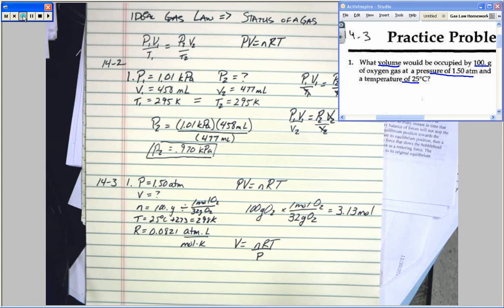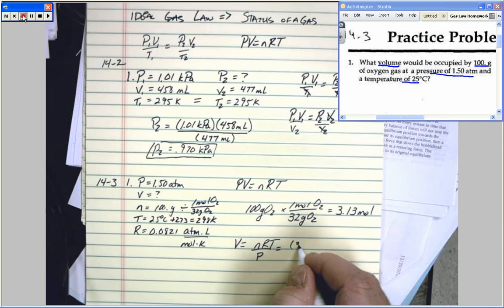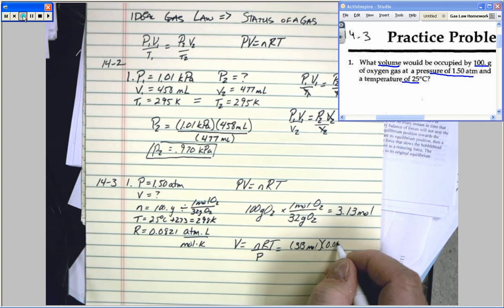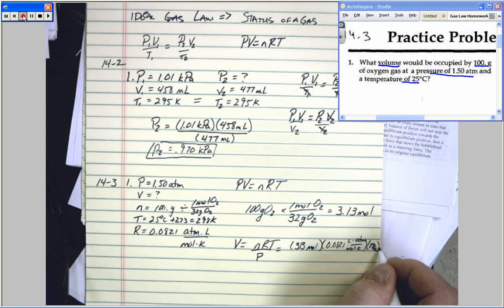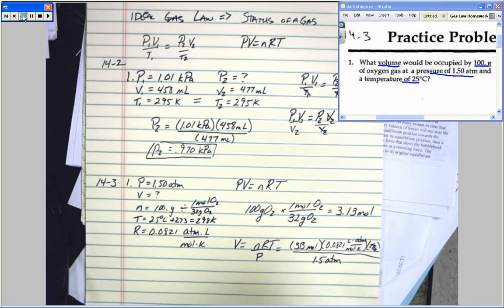Solving for volume, we're going to get nRT over P. Then we plug everything in. 3.13 mole times 0.0821 liters atmospheres per mole Kelvin, times 298 K, divided by 1.5 atmospheres.